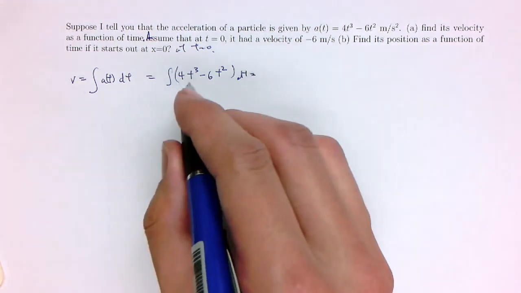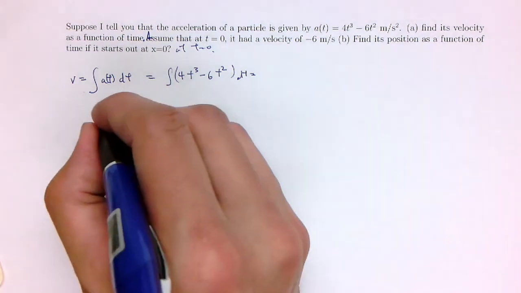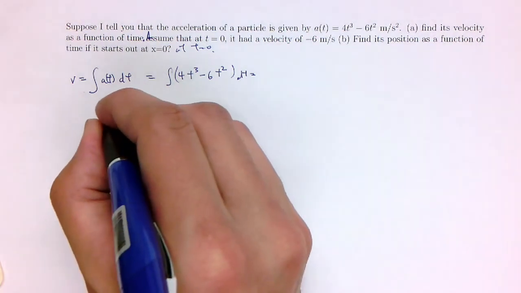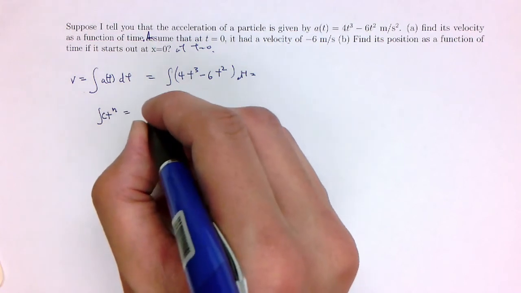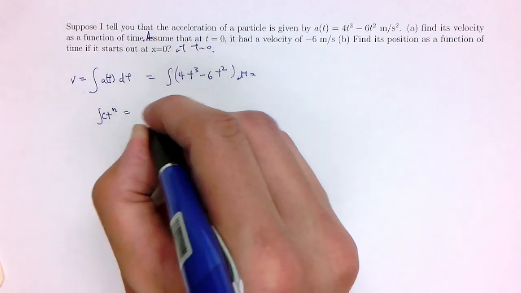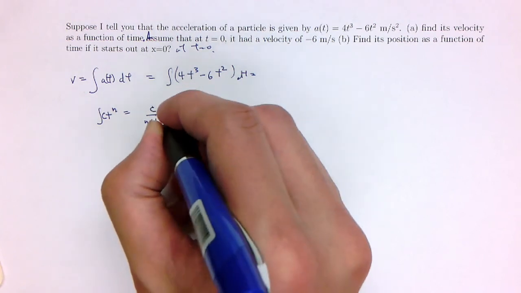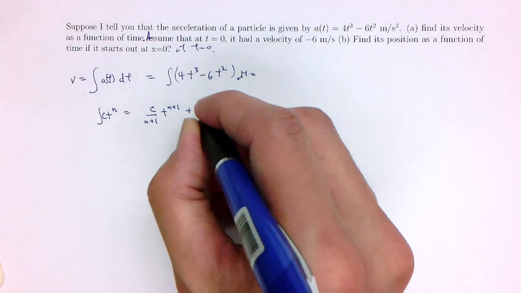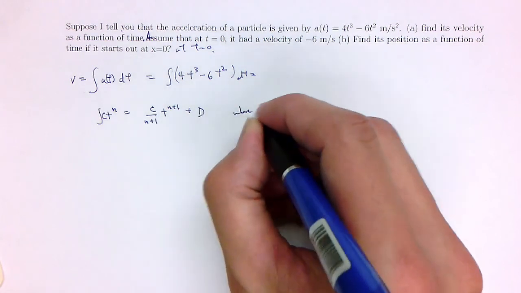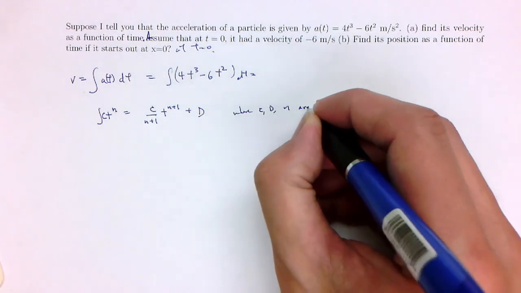When we apply this integral, recall that the integral of c t to the n is equal to c over n plus 1 times t to the n plus 1 plus some constant d, where c, d, and n are constants.